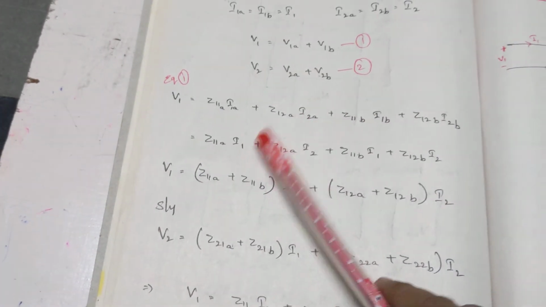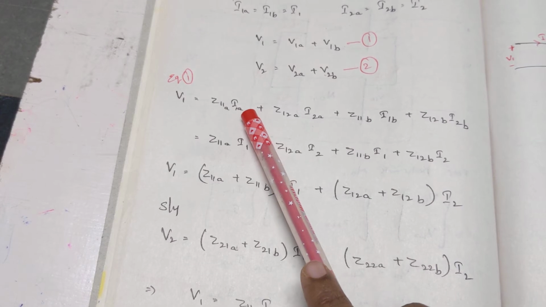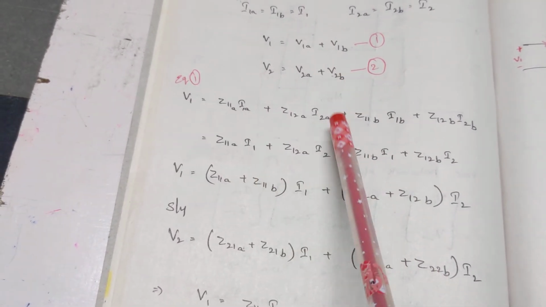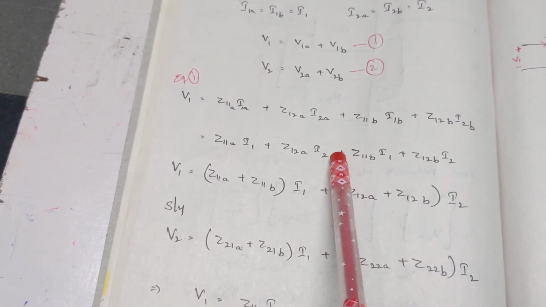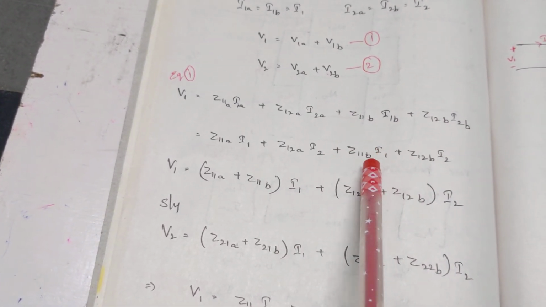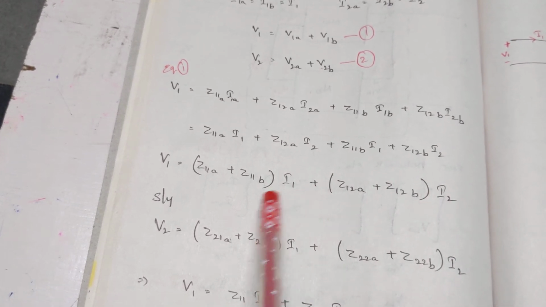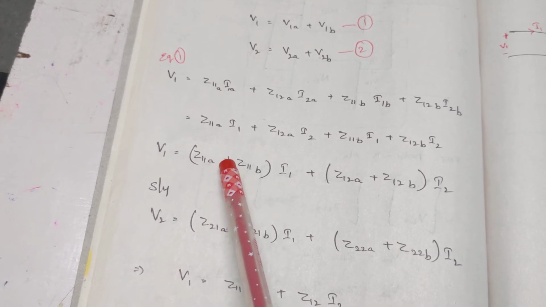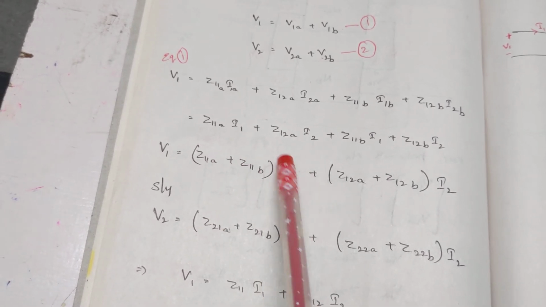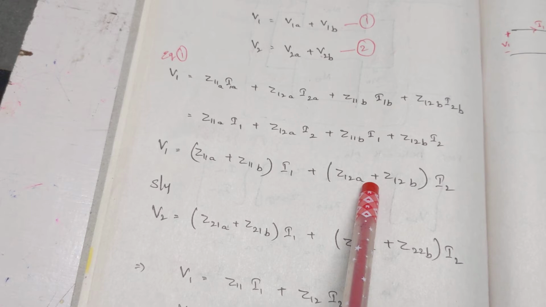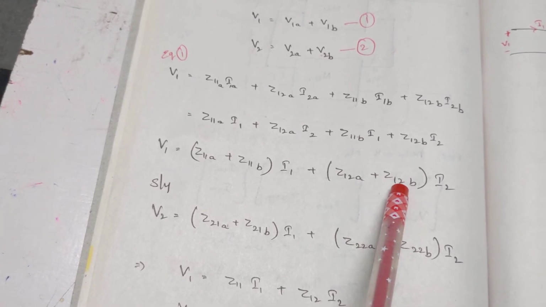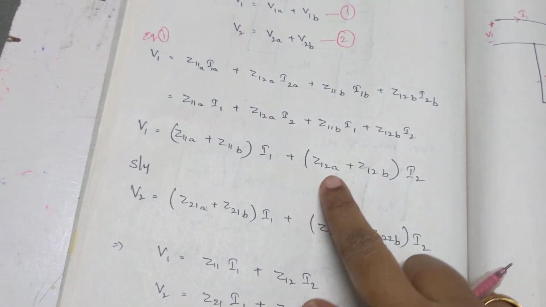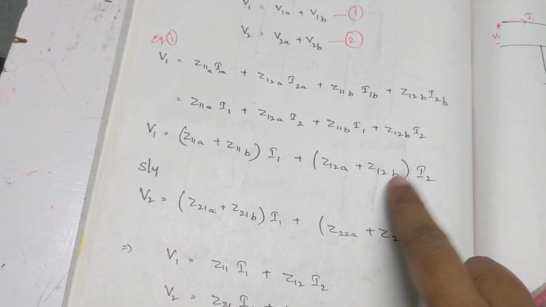When you observe this, I have the elements I1A and I1B. So I replace these two elements with I1, and I2A and I2B are replaced with I2. So here I have the common elements I1 and I2. I am just taking them out and I get the final expression as V1 equals (Z11A plus Z11B) into I1 plus (Z12A plus Z12B) into I2.